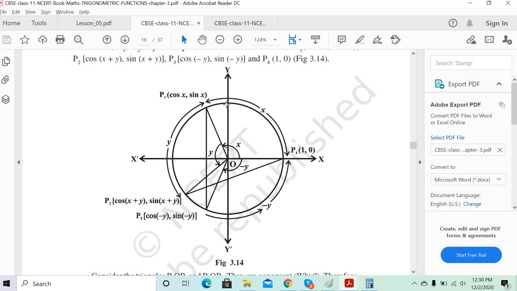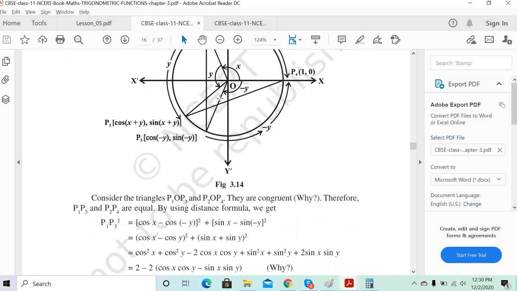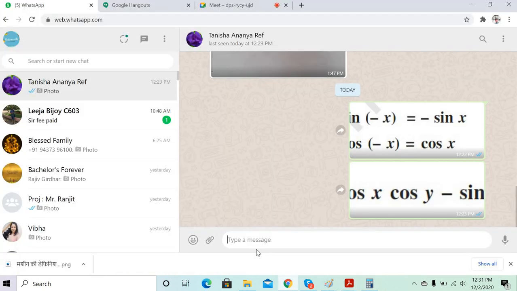Now can you prove the congruency between the triangles O, P1, P3 and O, P2, P4? The triangles you want to prove congruent are P1 O P3 and P2 O P4. Let's prove the congruency.